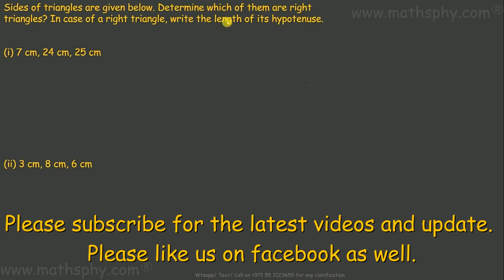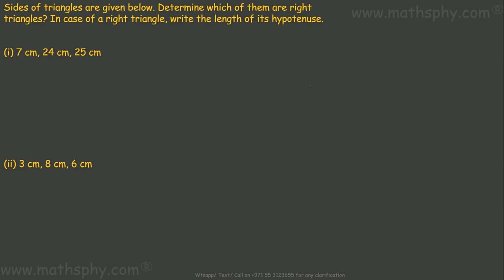Okay, first of all, we have to see which one is a right triangle. We know that in a right triangle, hypotenuse square is equal to base square plus height square.